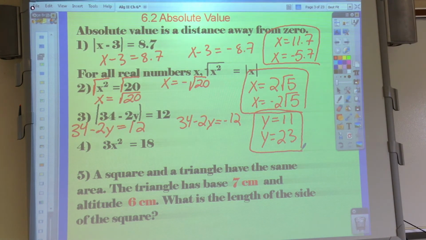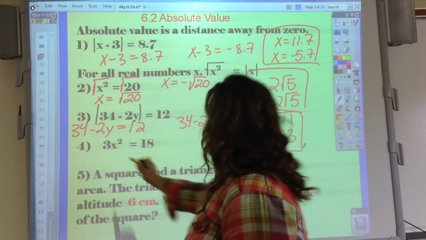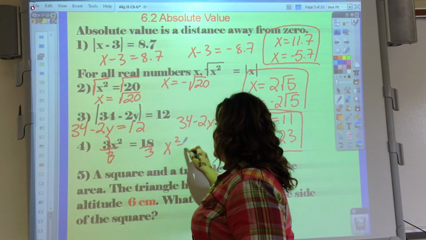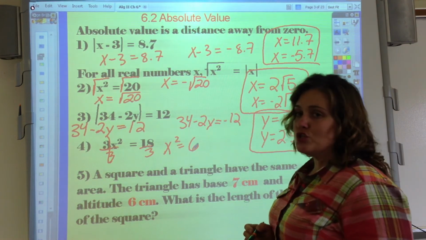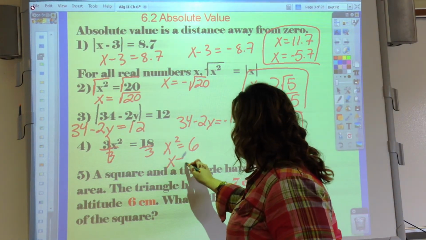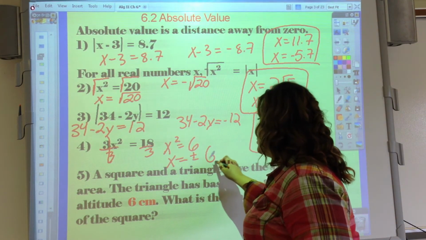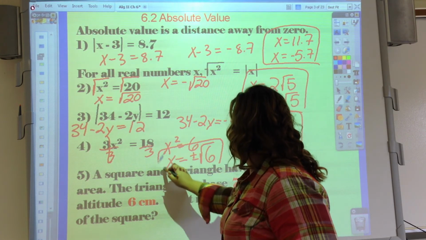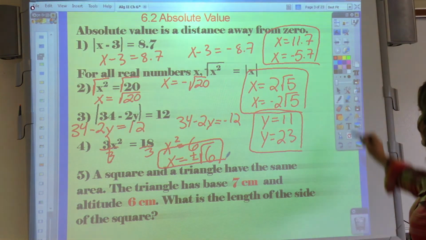For number 4, to get x alone, first I would need to divide both sides by 3. And I get x squared equals 6. When I square root, hopefully you notice, I'm going to get 2 solutions. A positive square root of 6 and a negative square root of 6.